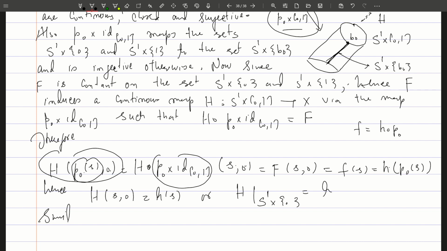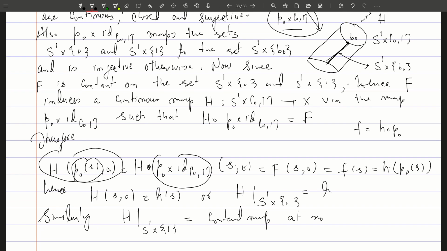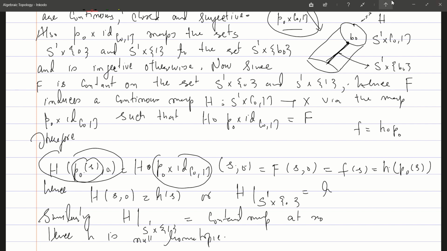Similarly, h restricted over S1 cross 1, we get the constant map at x naught. So this shows that this h is null homotopic. So hence h is null homotopic. So this completes the proof of this theorem.